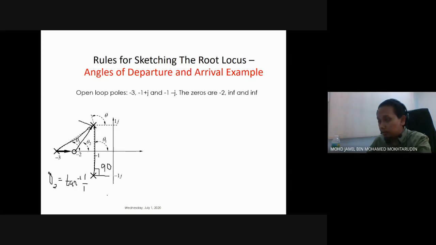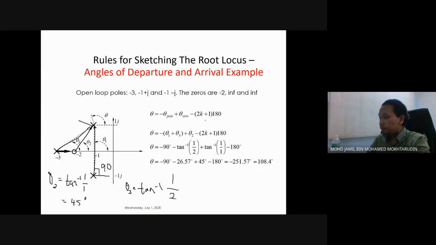So 1 over 1, 45 degrees, right? And then theta 3, you use trigonometry too. So theta 3 is tangent inverse, opposite over adjacent, where the adjacent length is 2.